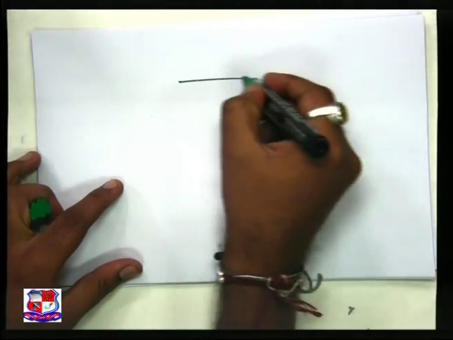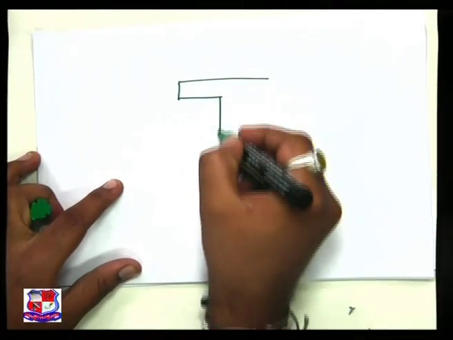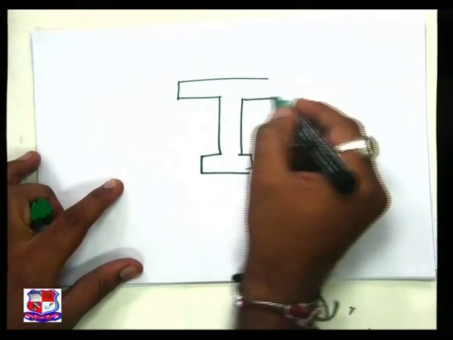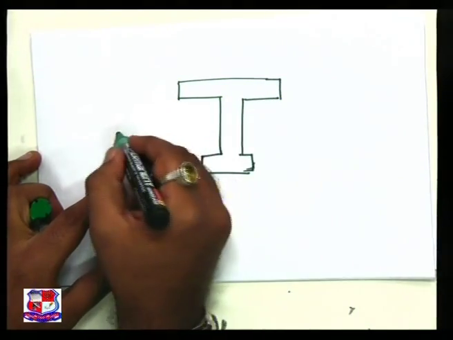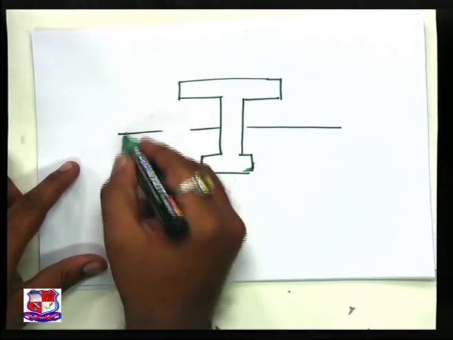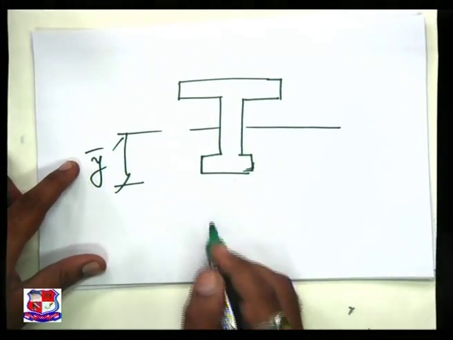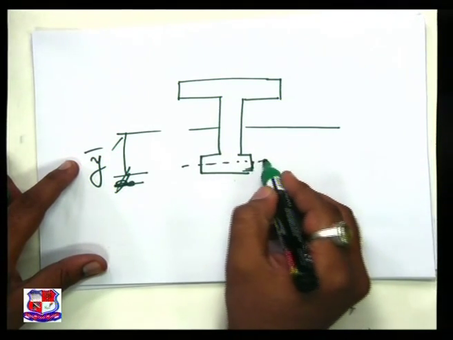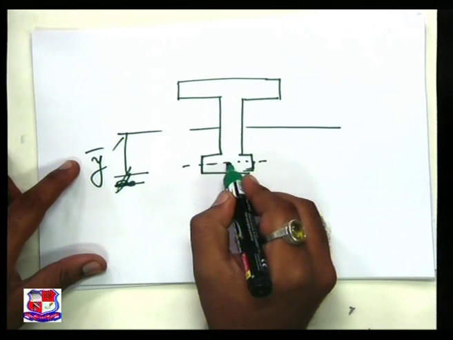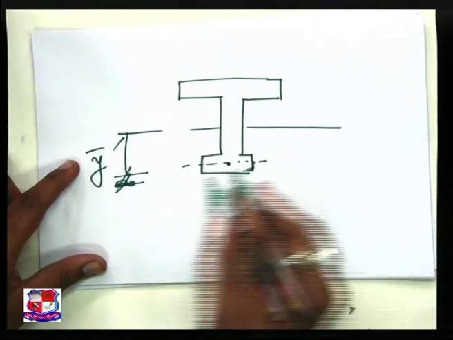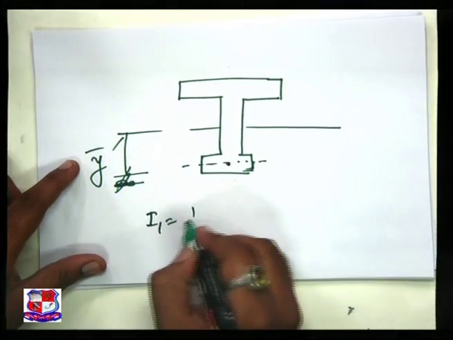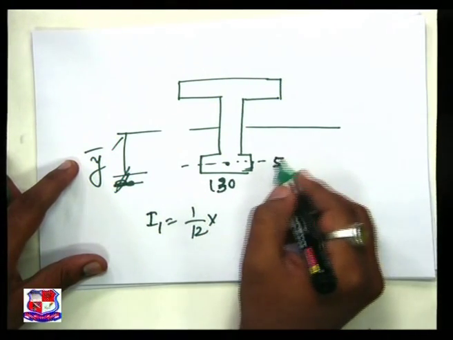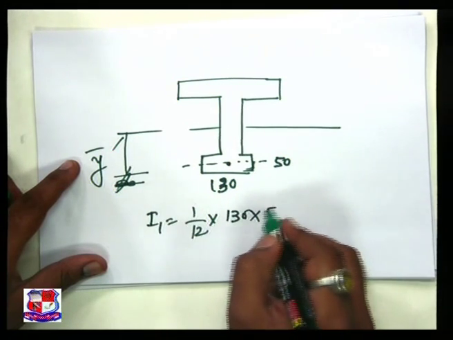We have a figure like this. This is my y bar. Now this is the neutral axis or CG passing for the first area. So I1 is equal to 1 by 12, this is 130, this is 50, 130 into 50 cube.